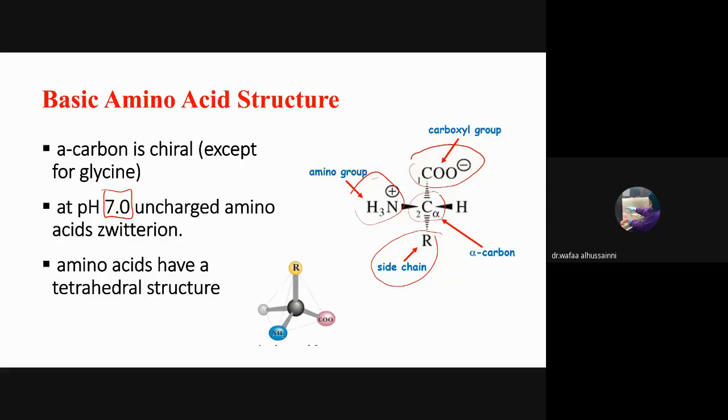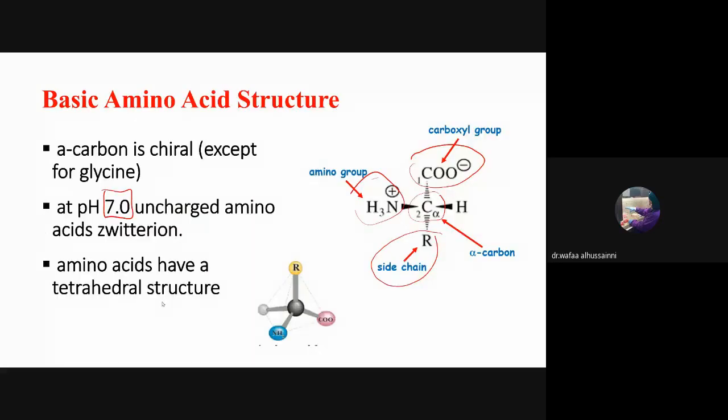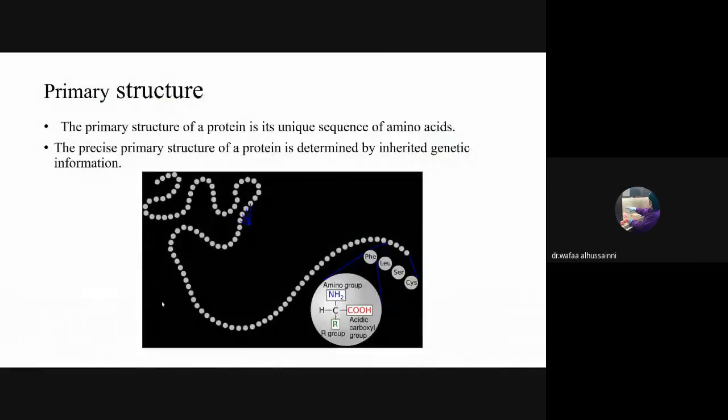If it is uncharged, it will have equal positive and negative charge. So amino acids reach zwitterion at 7, and they have a tetrahedral structure. Now that we finished amino acids, do you have any questions on amino acids? Okay. We will go now to protein structures.